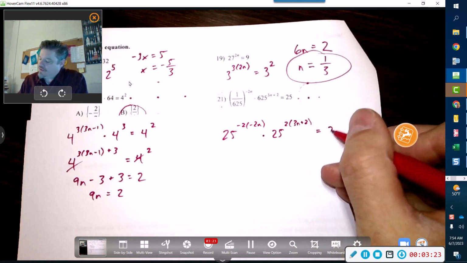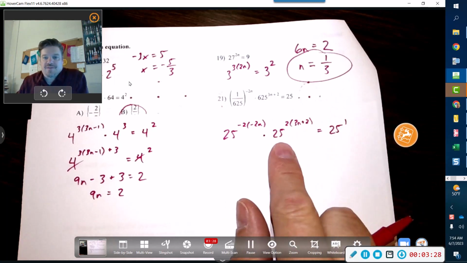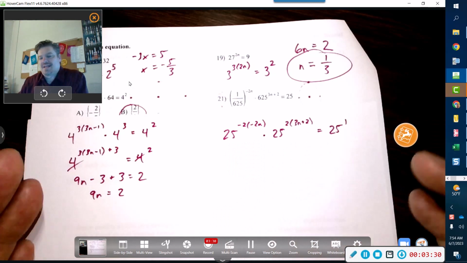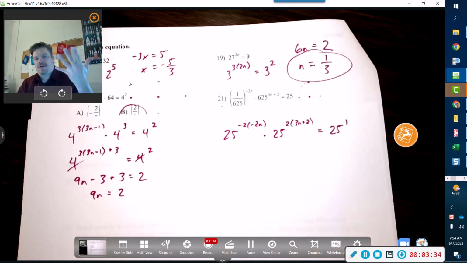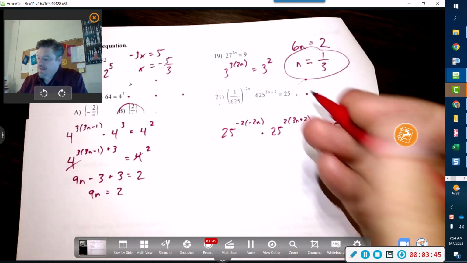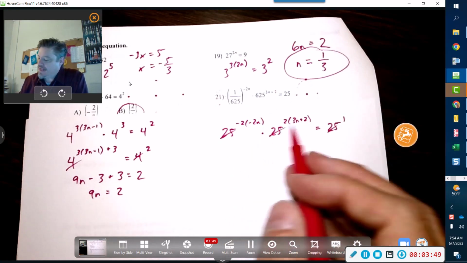And then we've got 25 to the 1st. So notice that I decided to just keep it 25, but if you would have used 5 as your common base, then everything would have been doubled, and then you would have divided by 2 anyway to solve. So it all would have worked out in the end. I can actually cross these guys out, kind of. What I should have done is actually added these two.